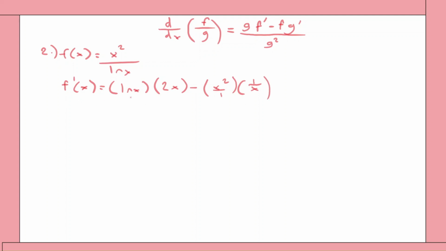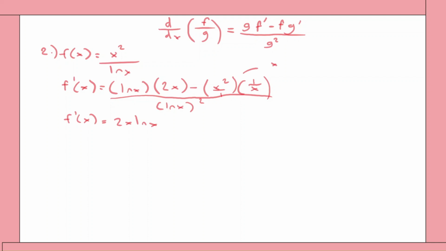All right, so now we just have to finish off the bottom. We know that g squared would be ln of x squared. Okay, so now let's go ahead and write it out again. So ln of x and 2x, we just put as a product of one another. And then x squared times 1 over x, we can put on the side.